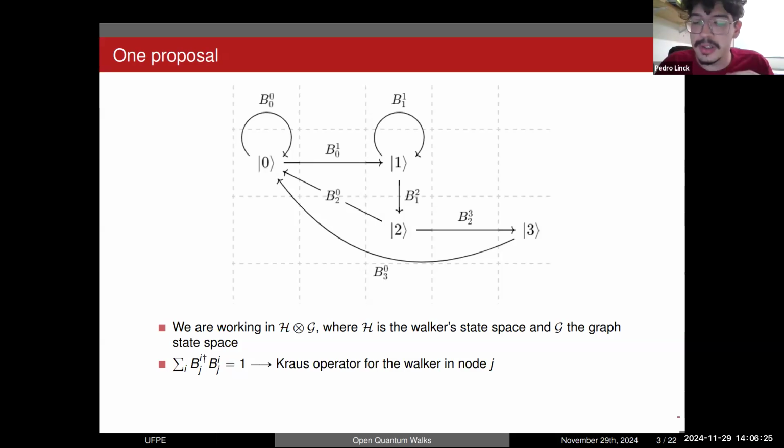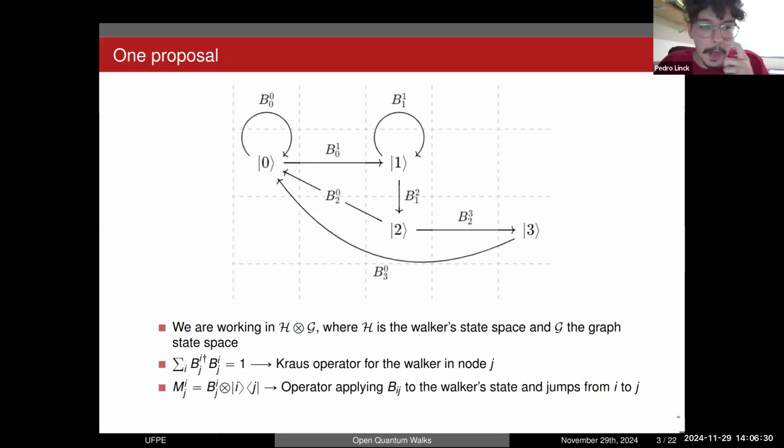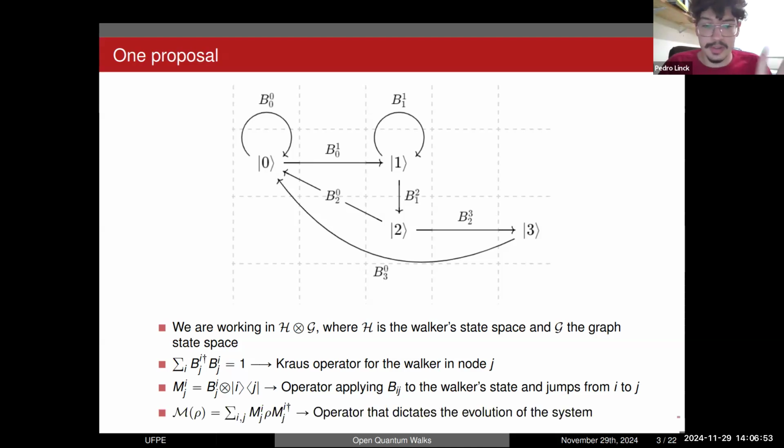So what we have to do is define an operator a little bit more general than that, these operators M. They apply the operator B, the cross operator, to the walker, and you change the walker state to jump from I to J. And of course, since we have a lot of these operators, we have to sum over all of them to do the complete evolution of our system, okay?